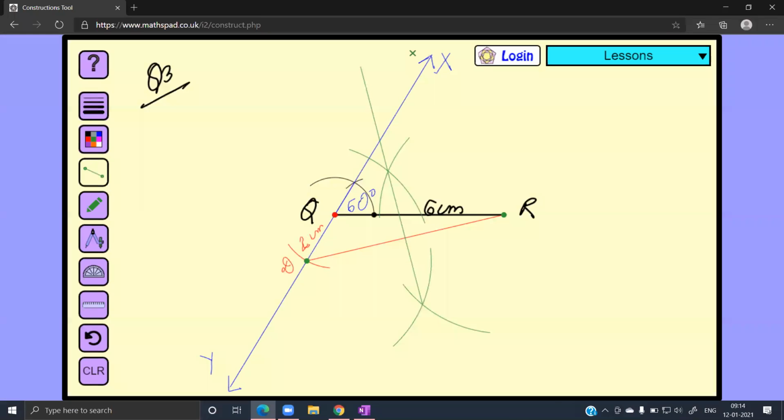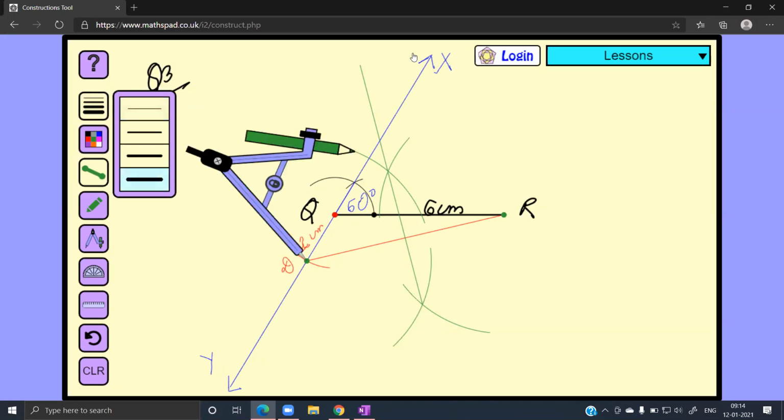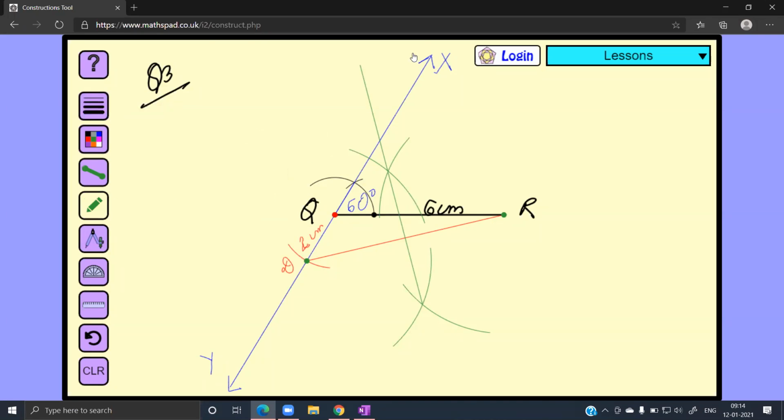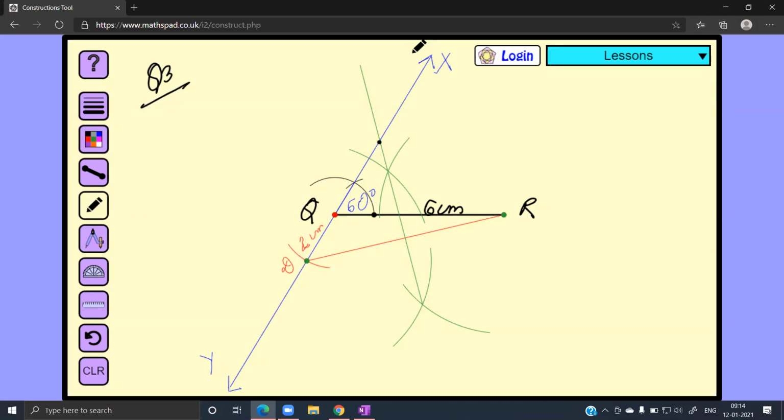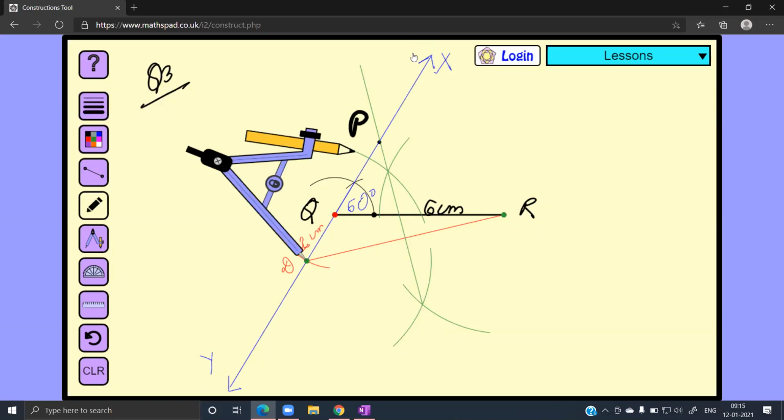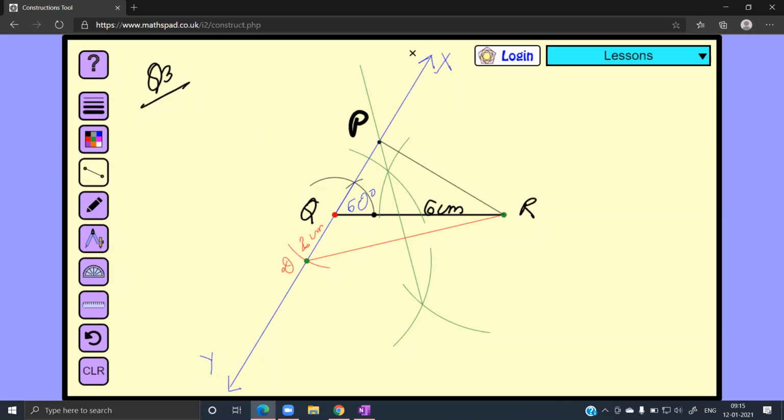Extend your perpendicular bisector and mark the point that you have obtained. This will be the third vertex. This will be point P. Complete your triangle. Triangle PQR is the required triangle.